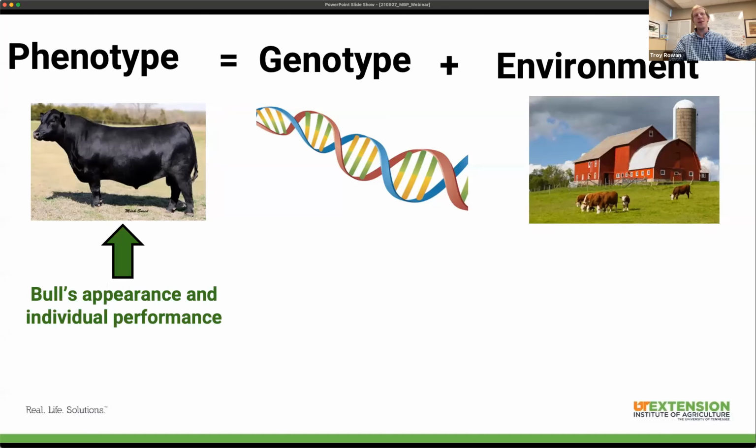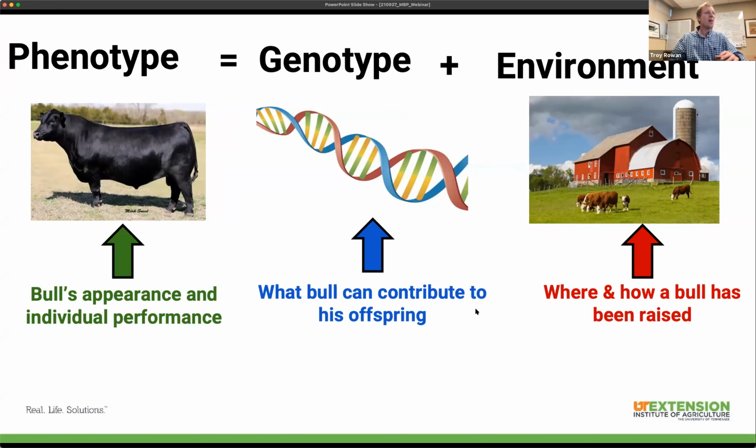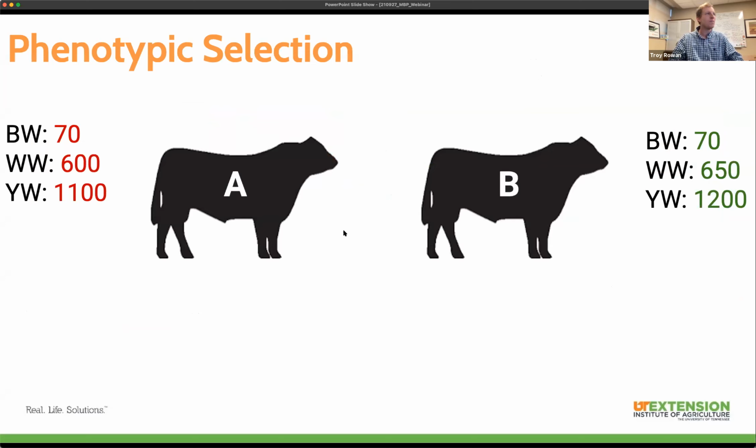Maybe he had a really, really big weaning weight, right? But some of that is going to be due to how the bull was raised. What sort of nutrition was he getting? Was that bull being creep fed? But the only thing that bull can contribute to his offspring is his genetics, right? So that bull can't pass on creep feeding to his offspring, but he sure as heck can contribute that genetic component of the traits that you care about in your herd.